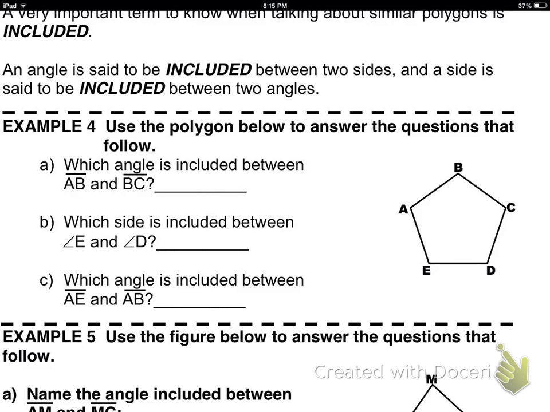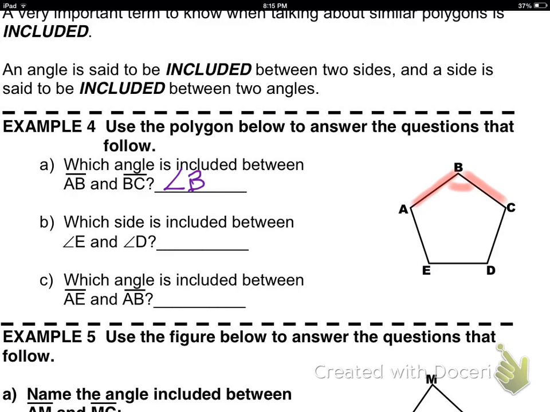We're asked to use the polygon to answer the questions, and the first question is, which angle is included between segment AB and segment BC? There's segment AB and segment BC, and notice the angle that is between those 2 segments is the angle B. So angle B is said to be the included angle between AB and BC.